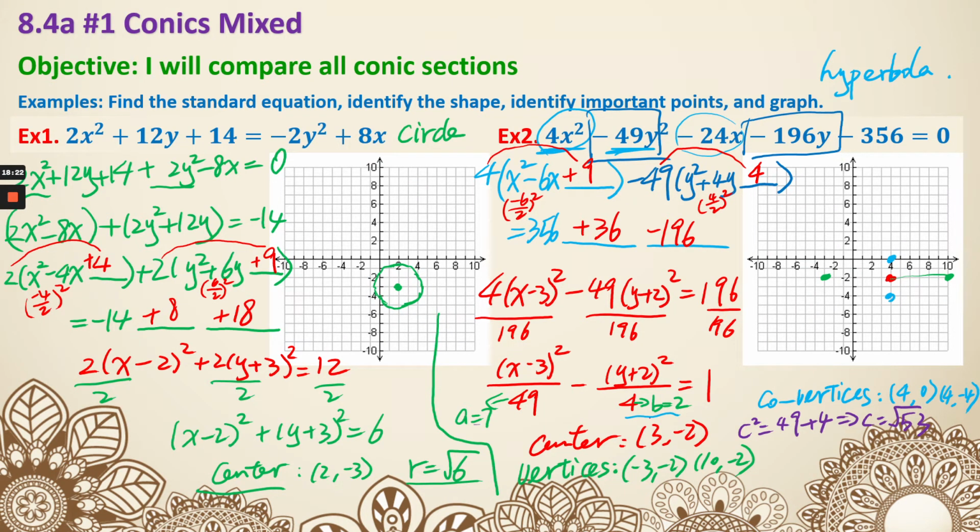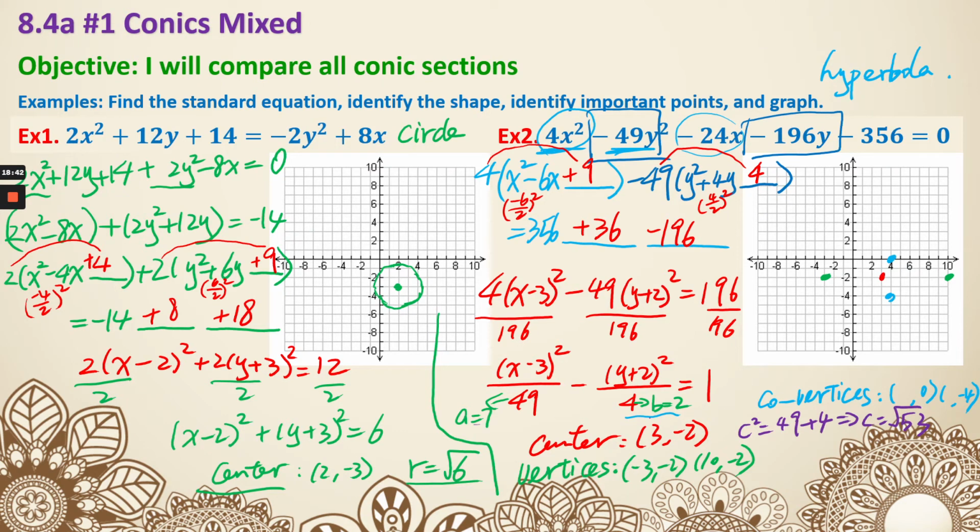So the center is at, wait, I just realized I graphed it wrong. My center is actually at 3. Oh, my bad. My center is actually at 3. I will change these. My center is at 3, negative 2.